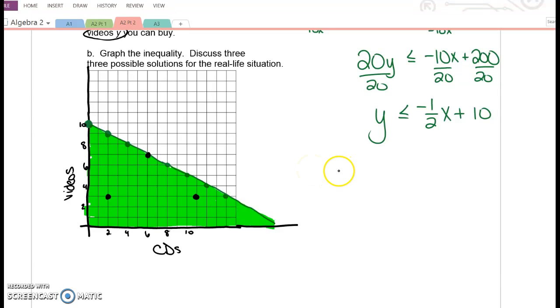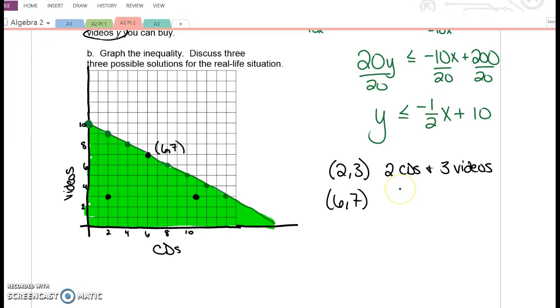Like my first point is 2, 3. What does that point mean in this situation? It means I can buy 2 CDs and 3 music videos. The second point, the coordinates are 6, 7.